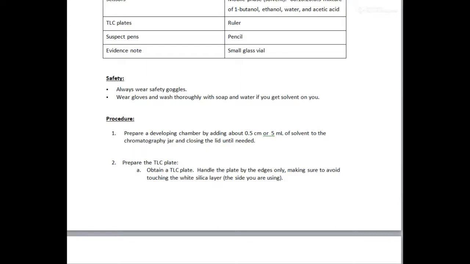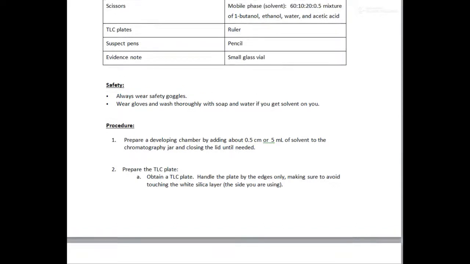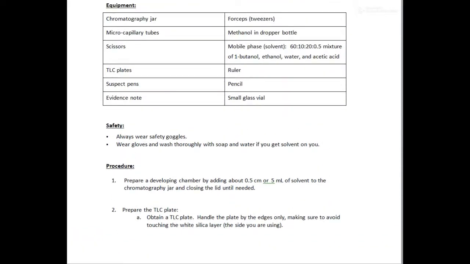So you take a developing chamber and add about 0.5 centimeter, or 5 ml, of your solvent. Now, what is the solvent that you use? You can use different solvents, but generally we use a mobile phase made up of a 60:10:20:0.5 mixture of 1-butanol, ethanol, water, and acetic acid.